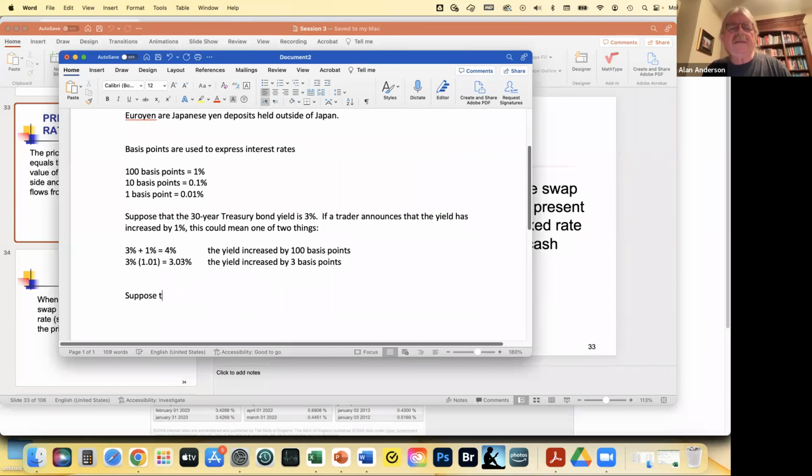We'll call them A and B or something like that. Okay, they could be anything. A pays 5% for LIBOR. Okay, which means B receives LIBOR for 5%.